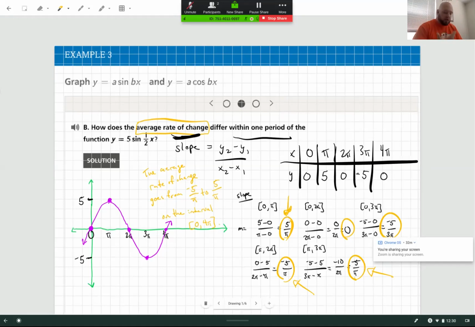So we have the lowest slope that we can see on the interval all the way up to the highest slope that we can see on the interval. An average rate of change, it's just slope.